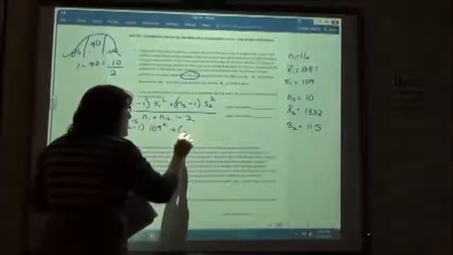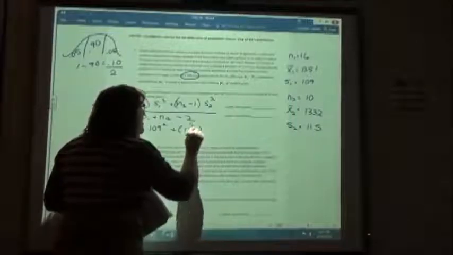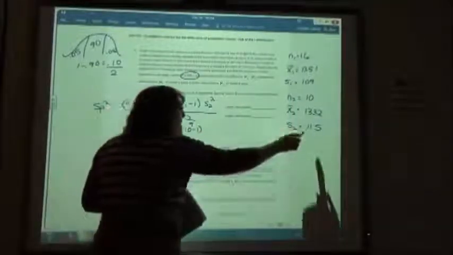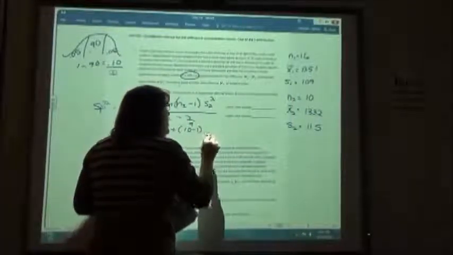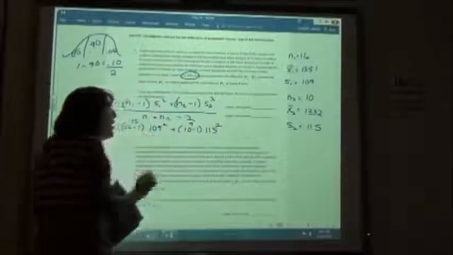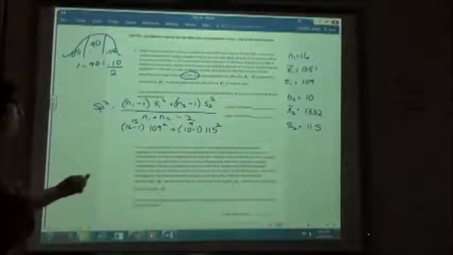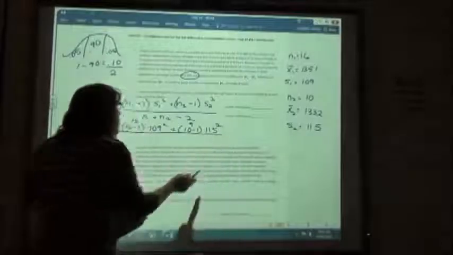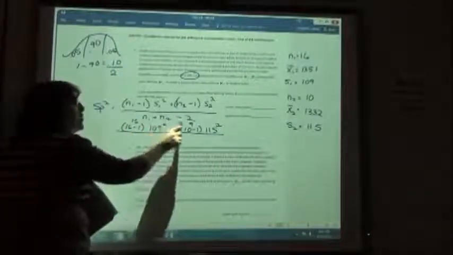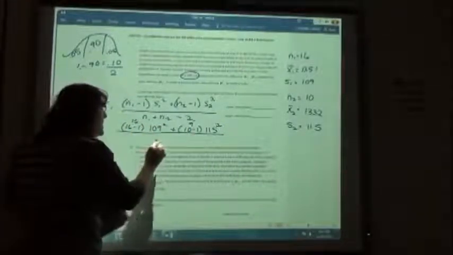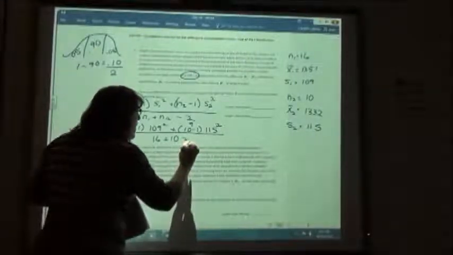N2 is 10, so 10 minus 1 is going to be 9, times my standard deviation squared, which is 115, so 115 squared. That's all going to be over N1 plus N2 minus 2. So 16 was N1, plus 10 was N2, minus 2 on the bottom. And then we have to calculate that value.